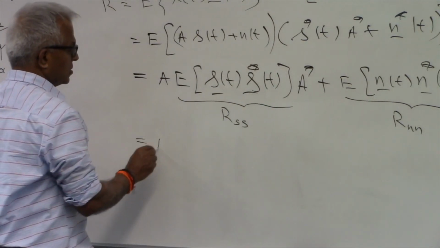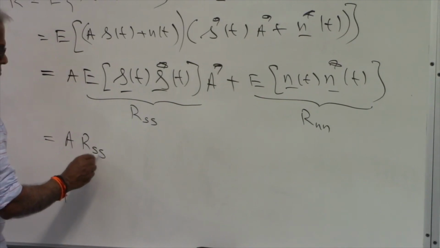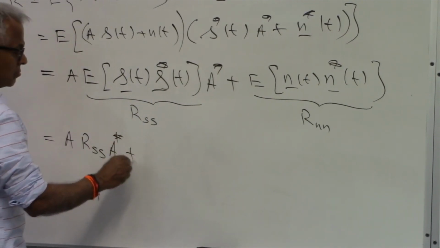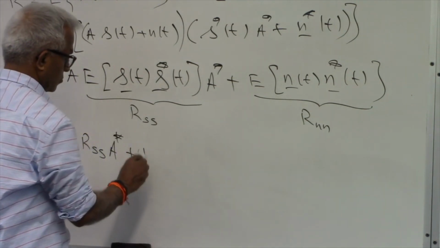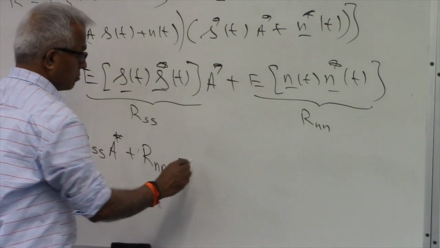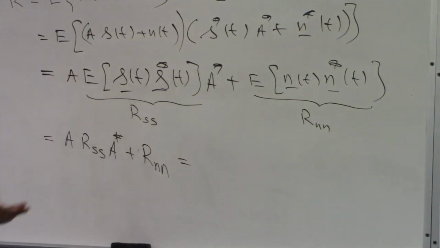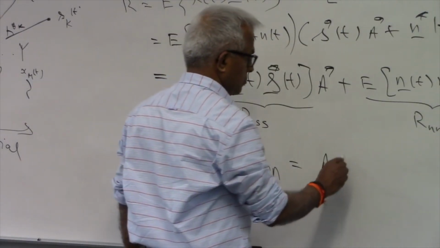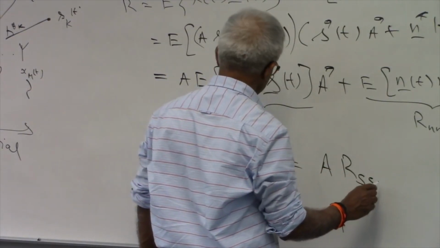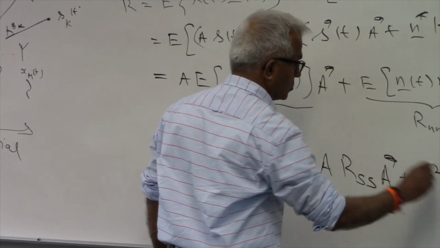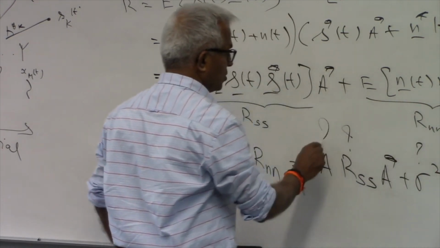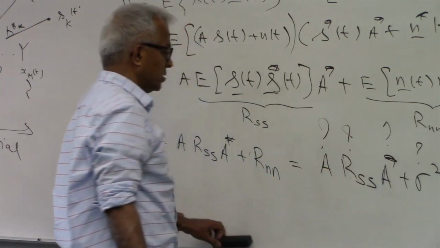So we get this, and if I go to case 1 where the noise is uncorrelated, then I get this. Remember, this is unknown, this is unknown, this is unknown. Everything is unknown on the right side.